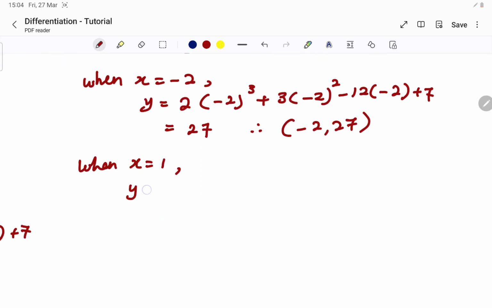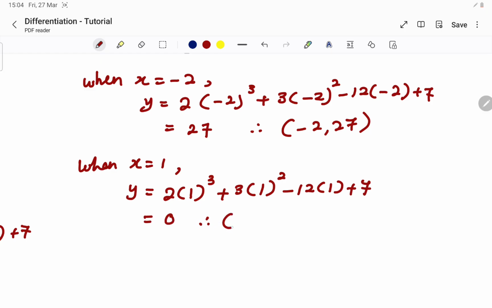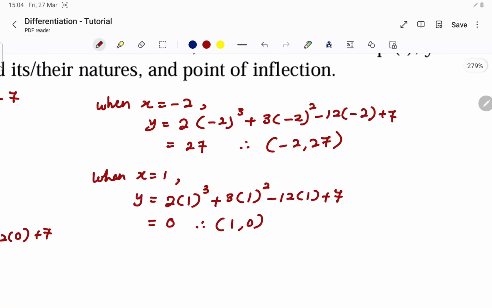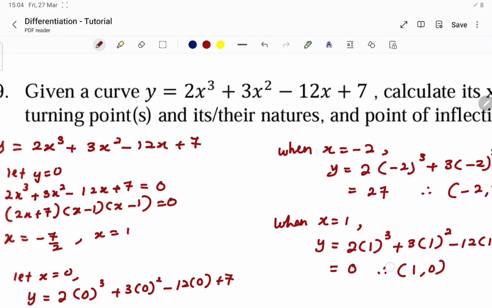You're going to get y equals 2 multiplied by 1 cubed plus 3 times 1 to the power of 2 minus 12 multiplied by 1 plus 7. Then here you're going to get 0. Then you will get (1, 0). So you have two coordinates, which are the turning points.